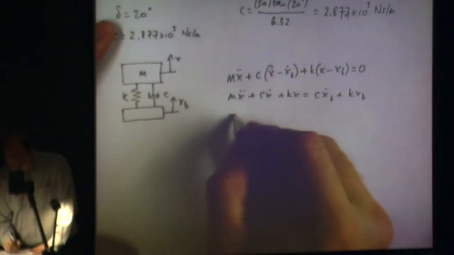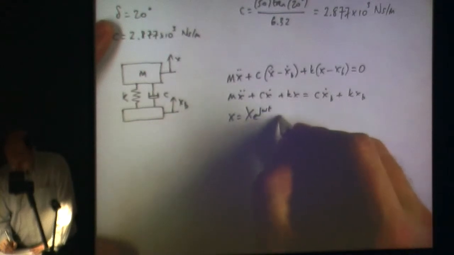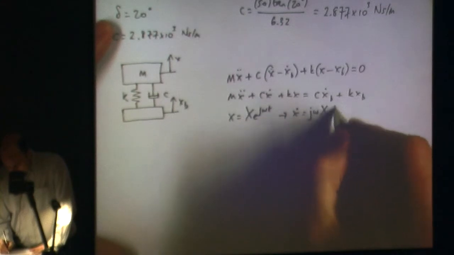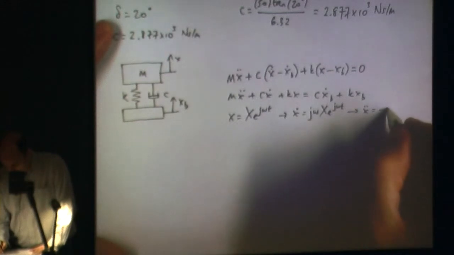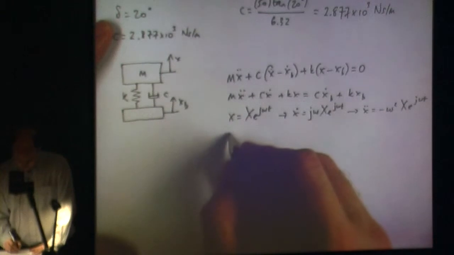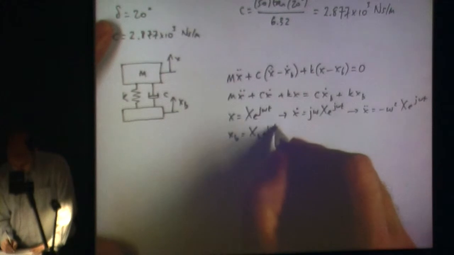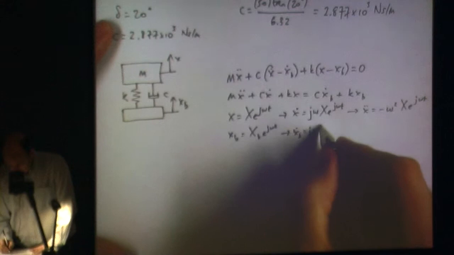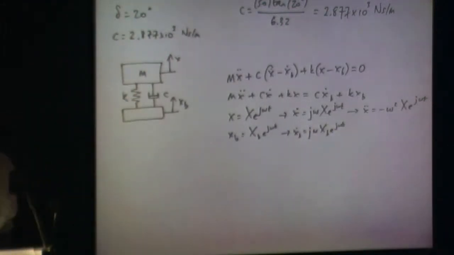I'll make the substitution that x is big X e to the j omega t. So that means that x dot is going to be j omega X e to the j omega t, and x double dot is going to be minus omega squared X e to the j omega t. I'm going to say that xb is big XB e to the j omega t, so xb dot follows similarly.